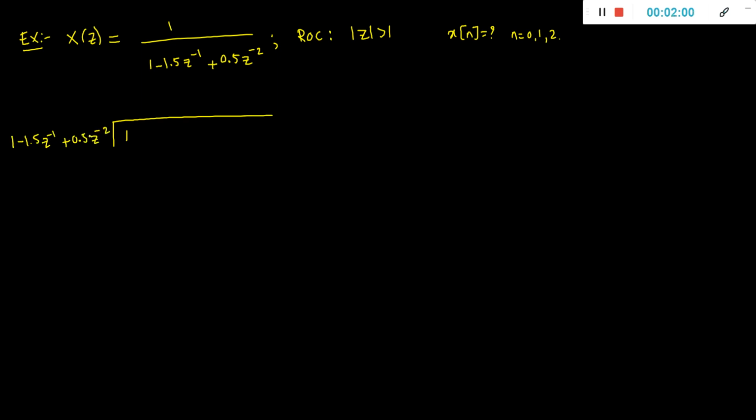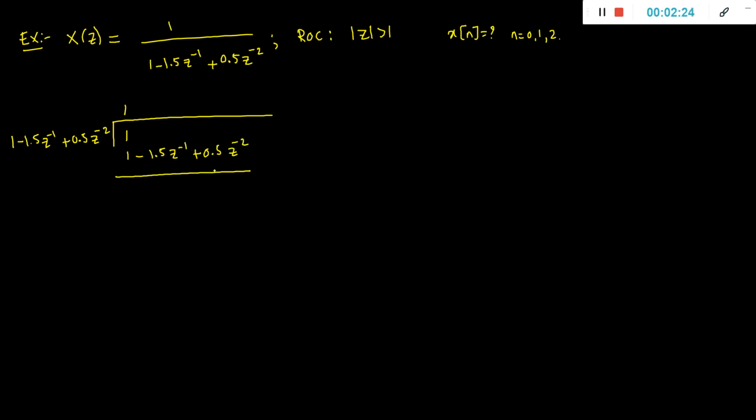So we go for the long division method to get the answer. The first value will be 1. 1 times 1 is 1, and minus 1.5 z inverse into plus 1 is minus 1.5 z inverse. Similarly, plus 0.5 z to the power minus 2.